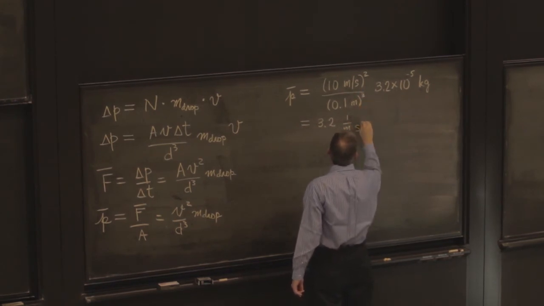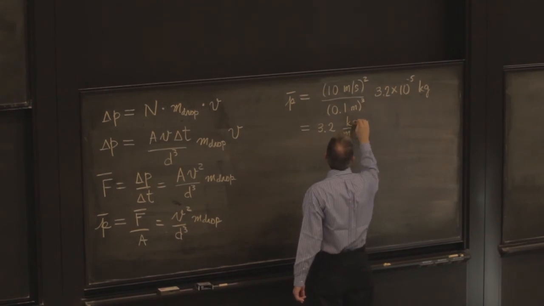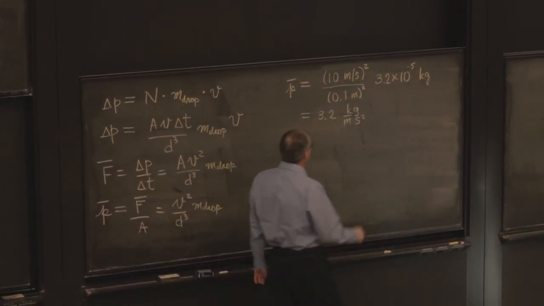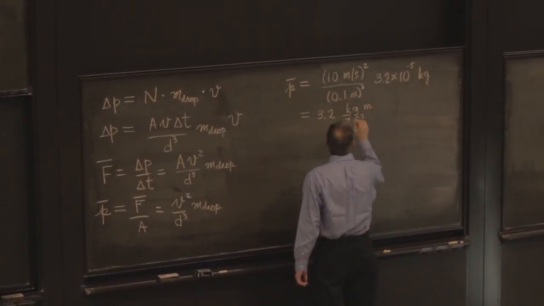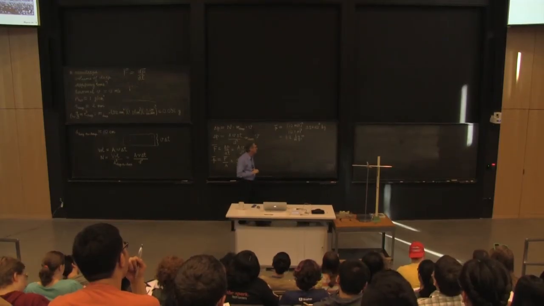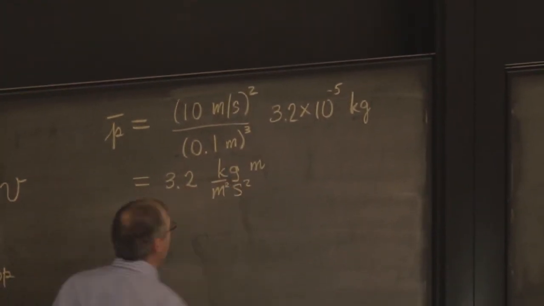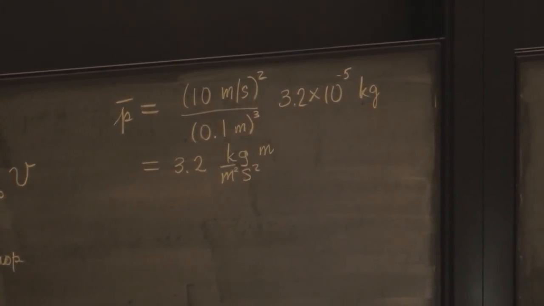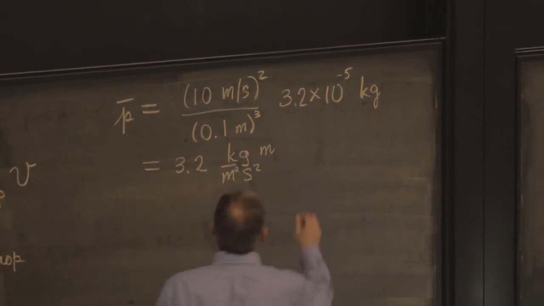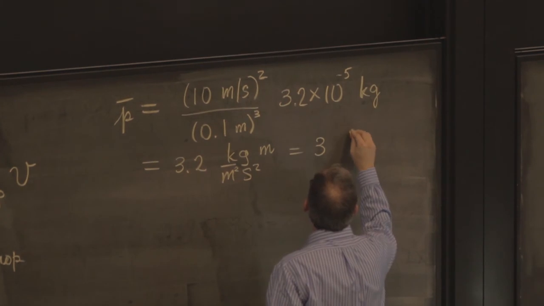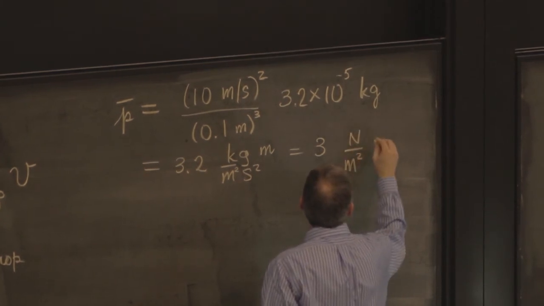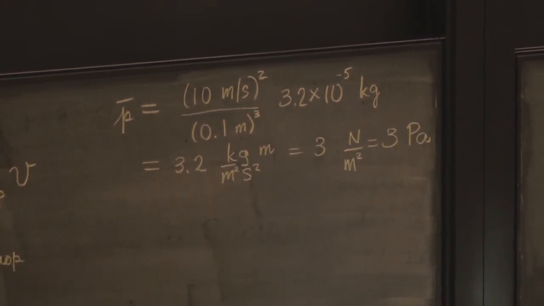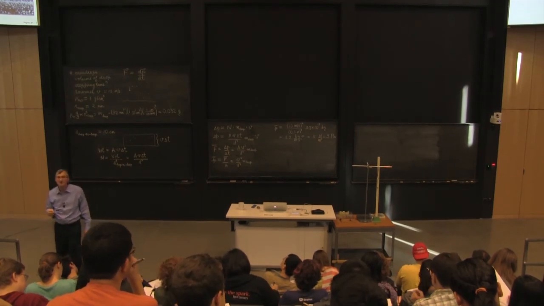I have seconds squared in the bottom, and I have kilograms on the top, which is a strange-looking unit, except that if I were to multiply on top by meters and then square on the bottom, kilogram meter per second squared is a what? A newton. So this is the same thing as 3 newtons per square meter, which is the same thing as 3 pascals. Pascal is just a newton per square meter. That's the SI unit for pressure.